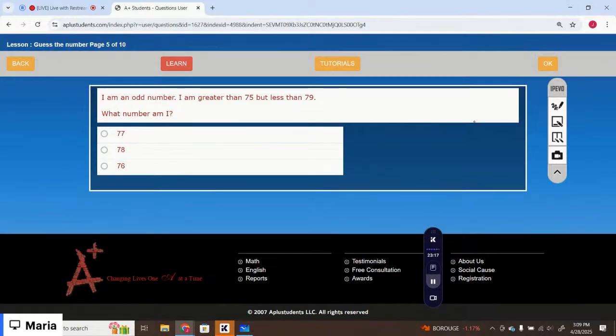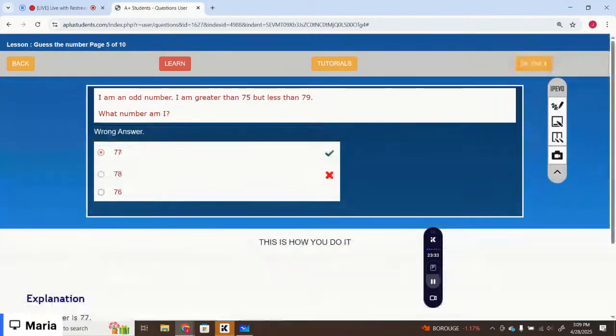Between 75 and 79, the odd number is 78. It is option number 2. Oh, odd, sorry. 77 is the odd number between them. Sorry, the correct option is 77.